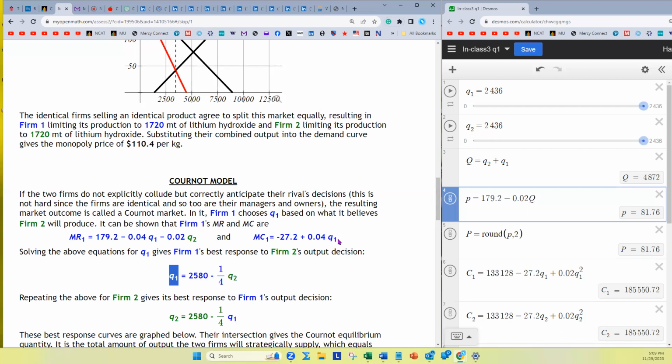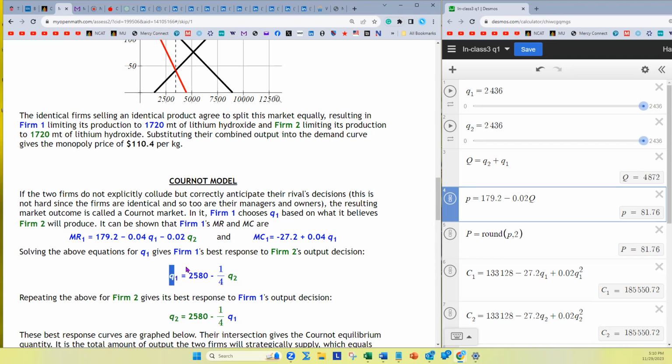And this is called a best response curve. It is firm one's best response to firm two's output decision. So firm one is guessing what this is and then holding it constant. Based on what it guesses that to be, it can choose what this will be in order to maximize its profits.